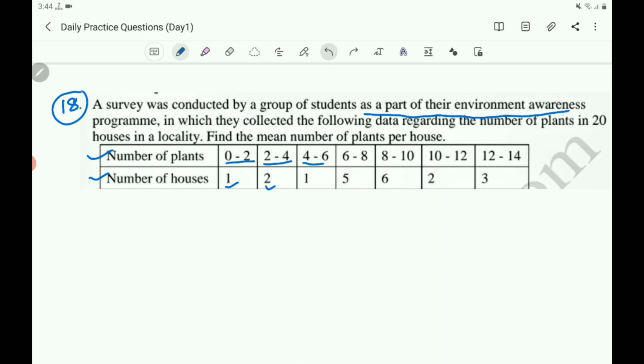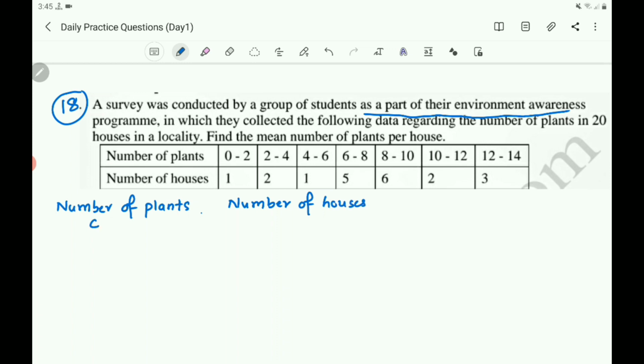Now let us write the number of plants, which is in terms of class interval, and number of houses, which is nothing but frequency, in vertical columns. So you write number of plants and number of houses.